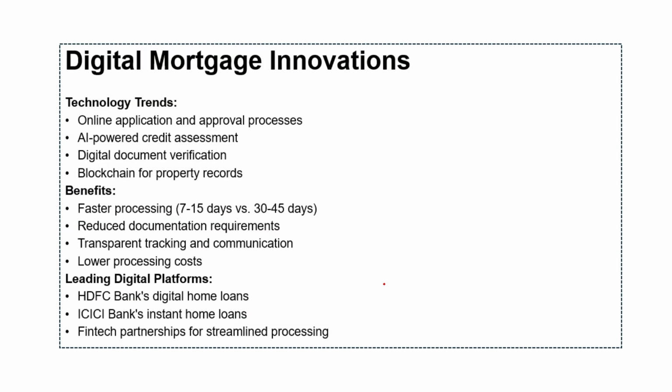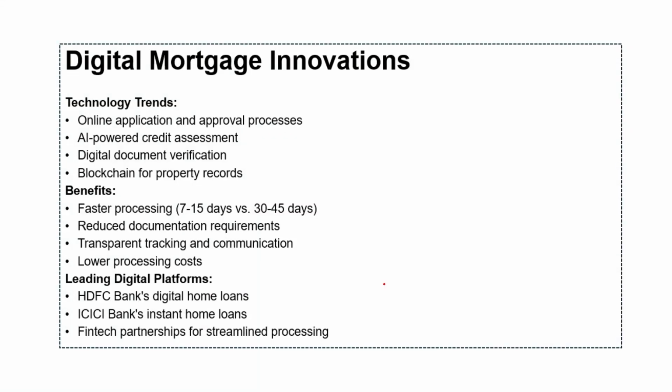Then we go to digital mortgage innovations. So, digital online, we have seen online applications and approval processes can now be streamlined, much more easily done. We have AI powered credit assessments. Quickly they can be done. People can on their own find out their credit status, and then digital document verification, faster document verification can now be done.